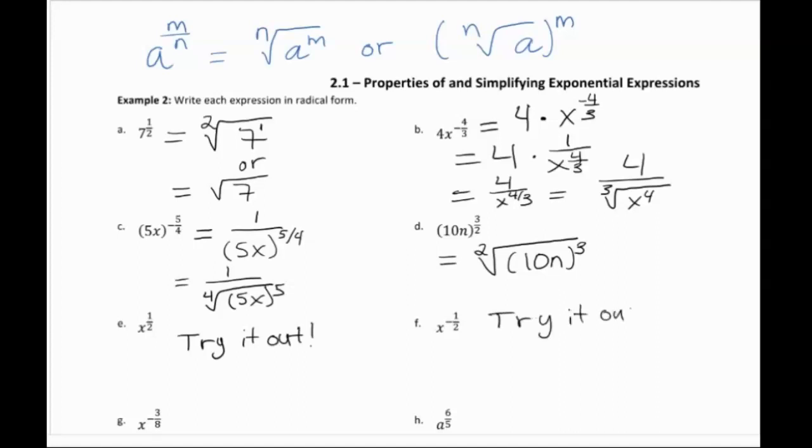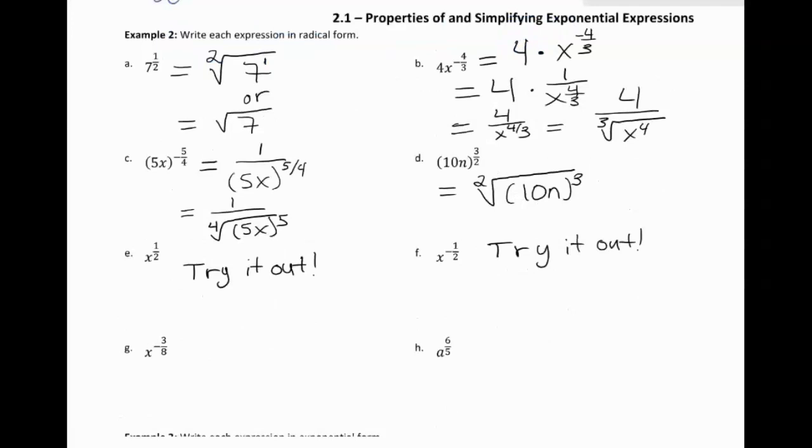For example g, we have x to the negative 3 over 8. So we change that to a positive exponent first. So we have 1 over x to the positive 3 over 8. And then we change it to a radical form.